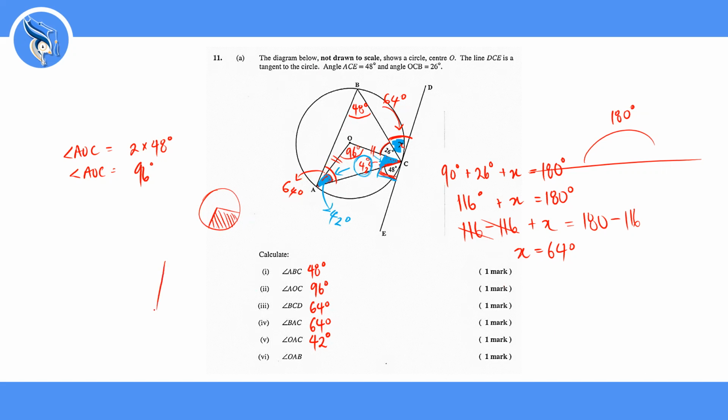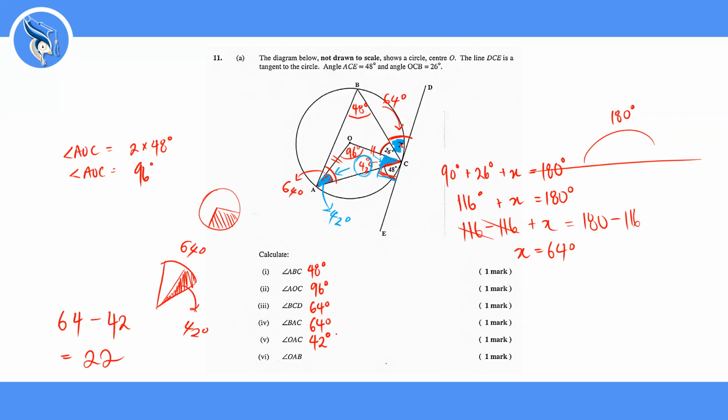So we're going to do this now. If we have 64 degrees and we take off 42 degrees from it, the whole thing is 64 degrees, and we take off 42 degrees, then what is left is equal to 64 minus 42. And 64 minus 42 is 22, right?